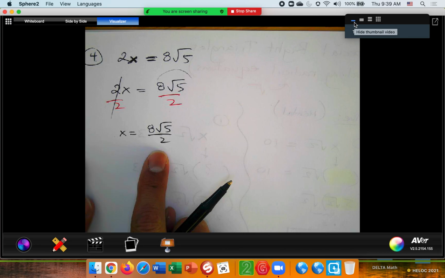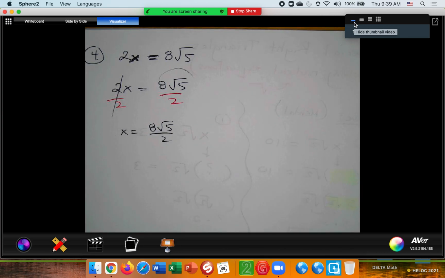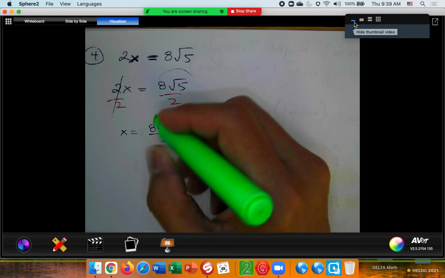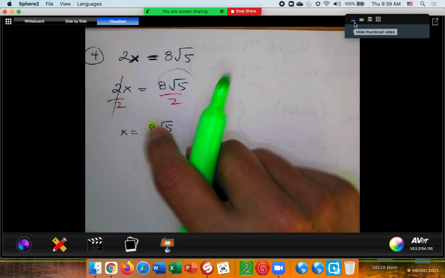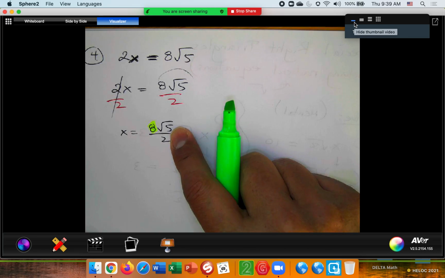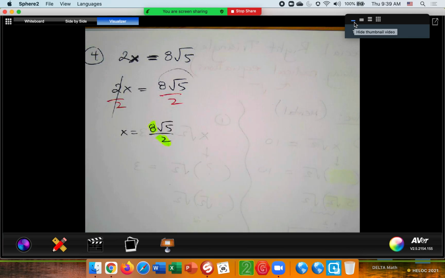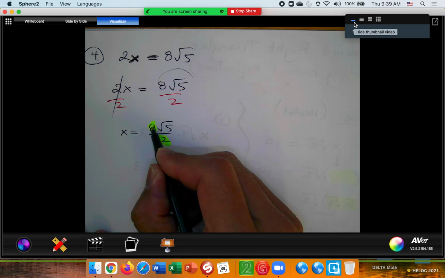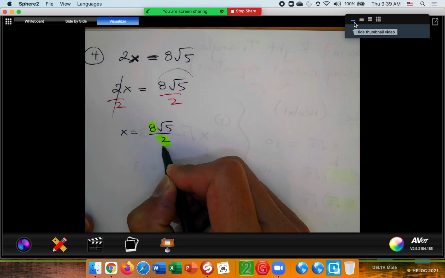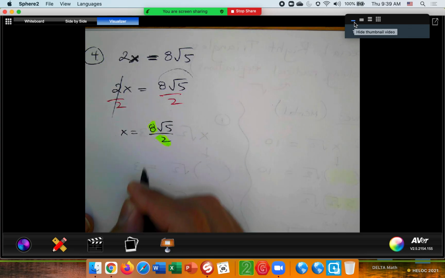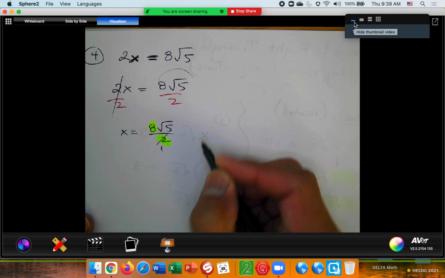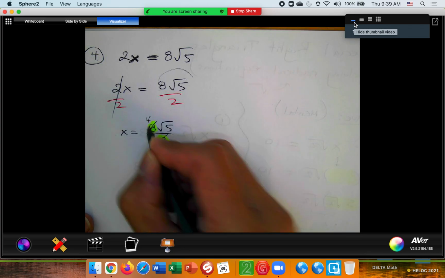Yeah, that's your answer, but here's where I'm going to tell you to always check this. It didn't happen on number 3, but always check this. If the whole numbers, never the one inside the radical, but if this whole number can reduce with this whole number, that's when you simplify it, when you reduce it. 8 divided by 2 is what? 2 goes into 2 once and 2 goes into 8 4 times.